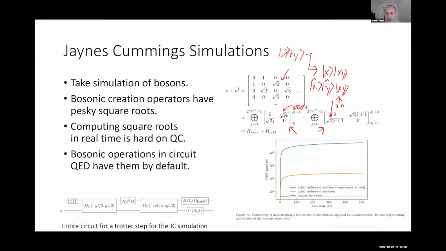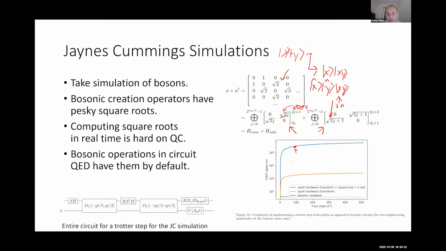So if we take a look at the cost of a simulation down here, this is just a single Trotter step as a function of the number of qubits that we're considering for our cutoffs for these harmonic oscillators. We end up seeing that even the cost of doing this square root operation, which is the biggest contributor, ends up giving us about 10,000 gate operations needed, even for 100 qubits, just to do a simple Trotter step of this Hamiltonian.